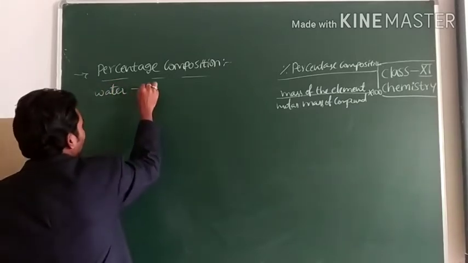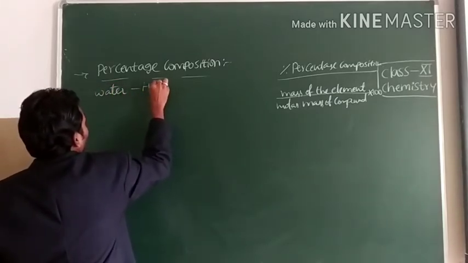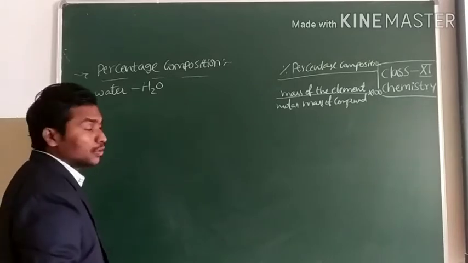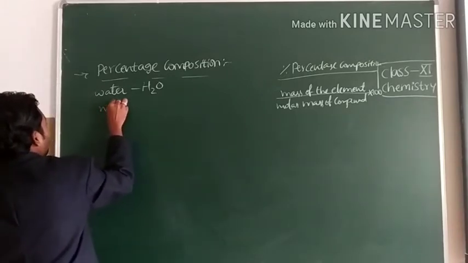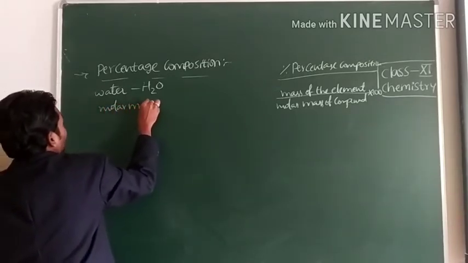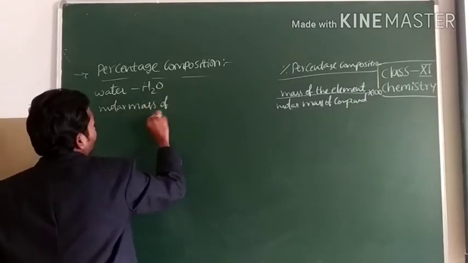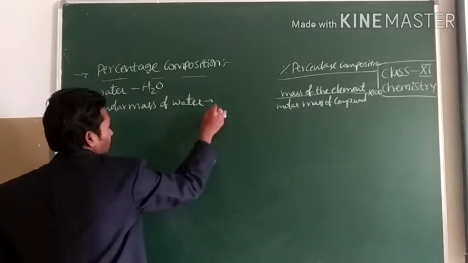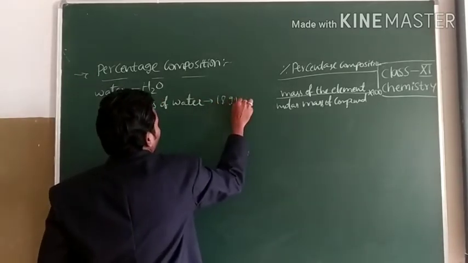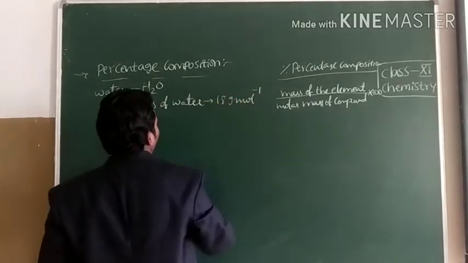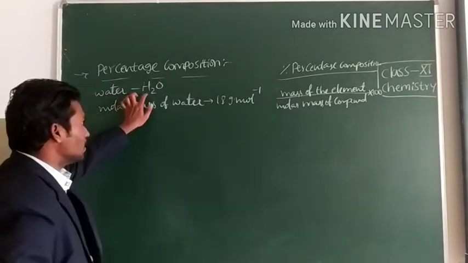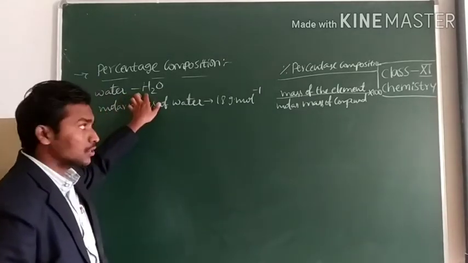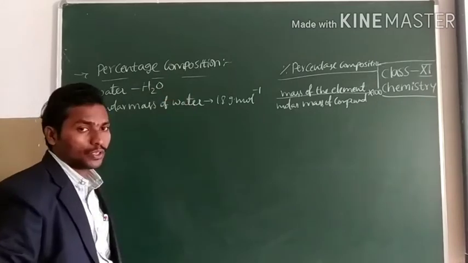The molecular formula of water is H2O, and the molar mass of water is 18 grams per mole. Let us find out the mass percentage or percentage composition of hydrogen and oxygen in the water molecule.